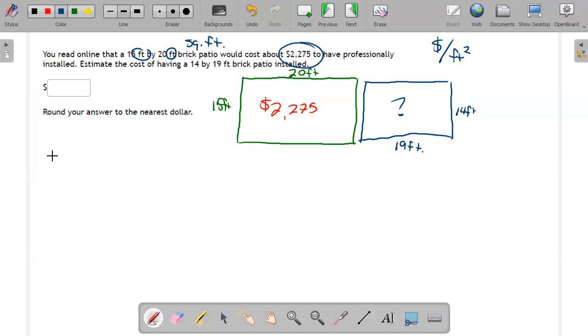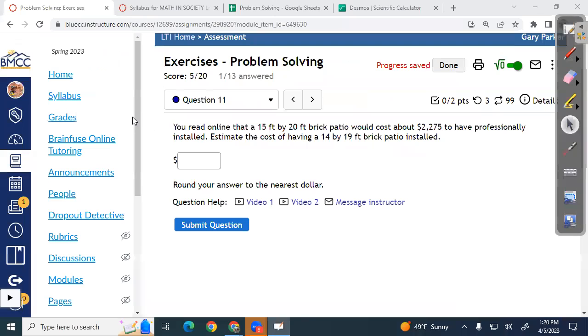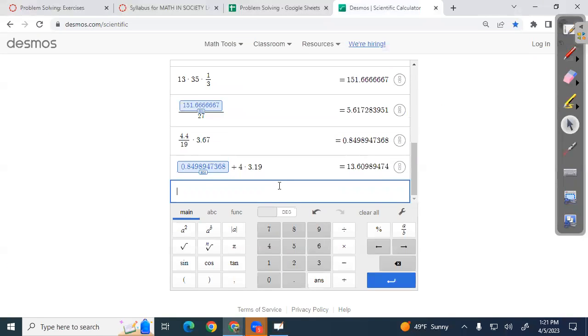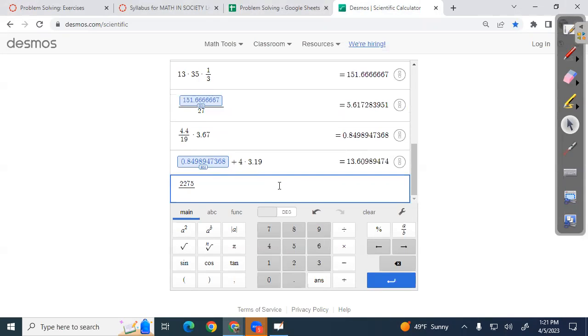So we simply take that $2,275 and divide it by our 15 by 20, which is going to be feet squared. That'll give us the per unit cost. Let's whip that out on the calculator. All right, so my version: $2,275, divide that by the number of square feet, which was 15 by 20.